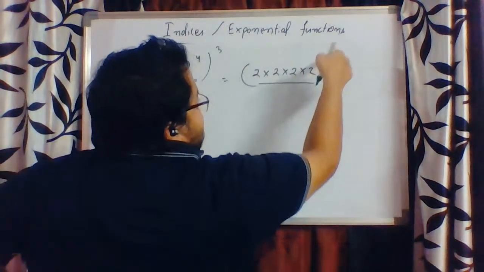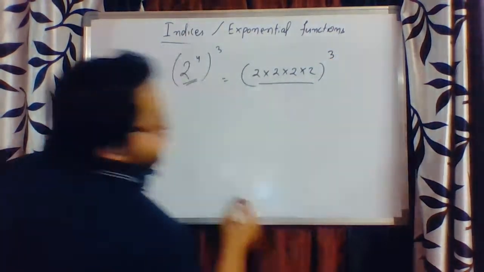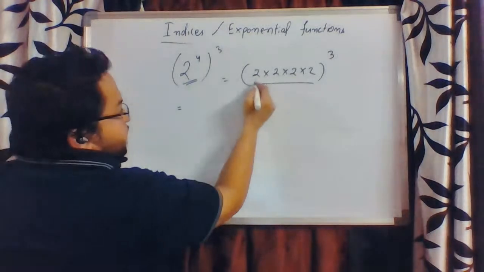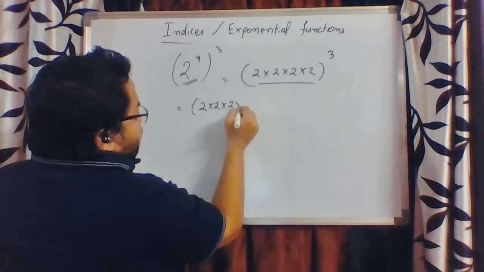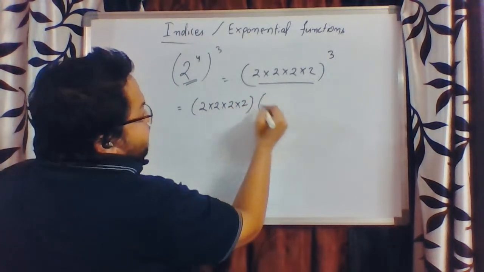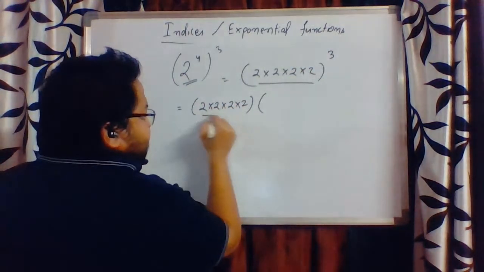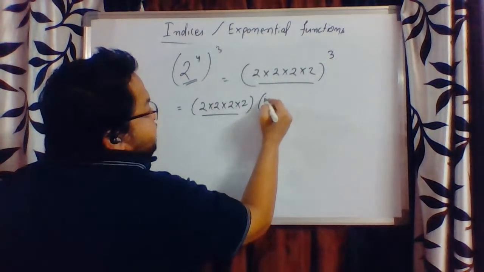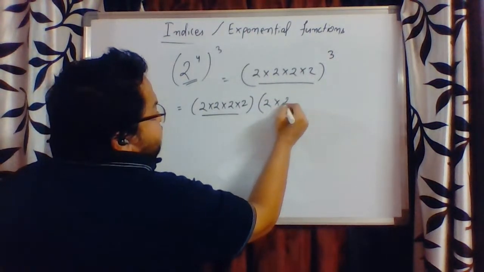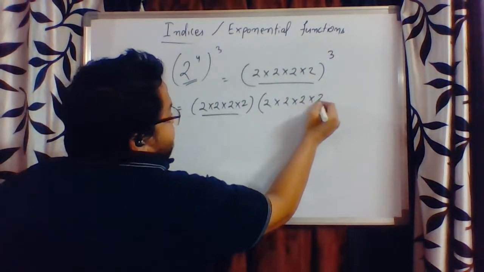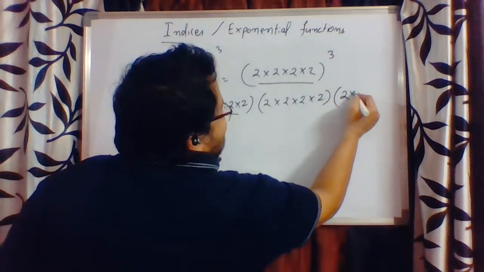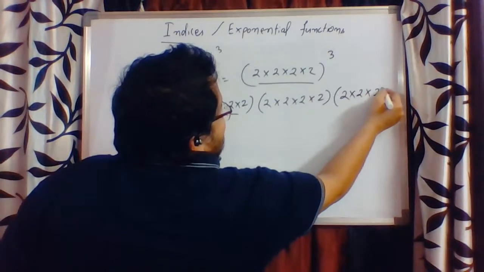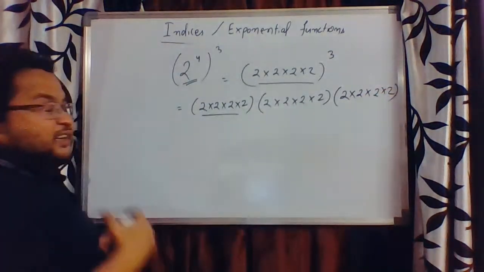Something to the power of a positive integer is nothing but this: 2 into 2 into 2 into 2, 4 times. I need to multiply this entire thing with itself 3 times. So this is what it would be: 2 into 2 into 2 into 2, keep multiplying. So we need to understand what it is. Students, don't think that these are very silly steps.